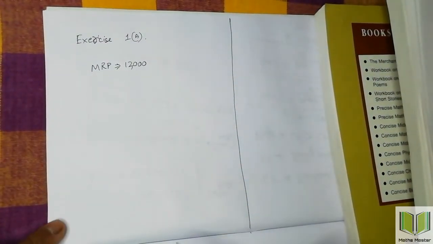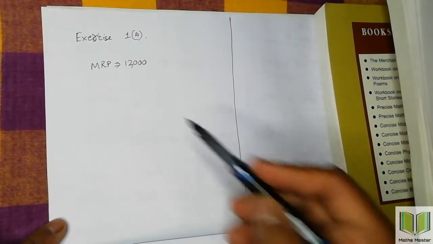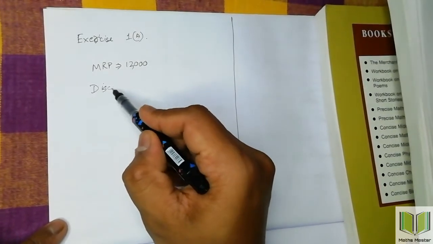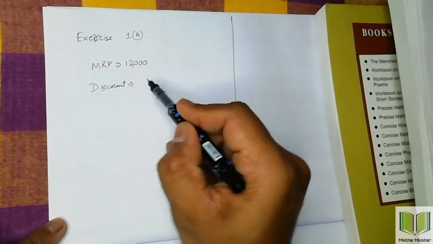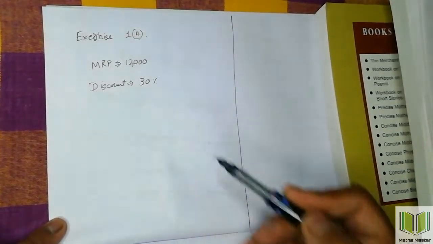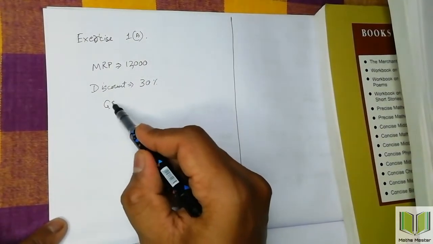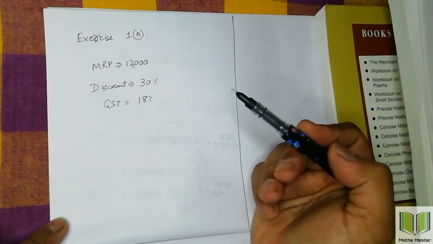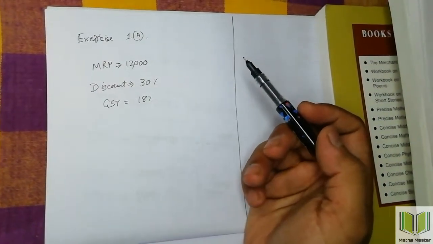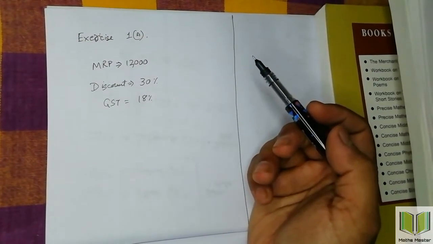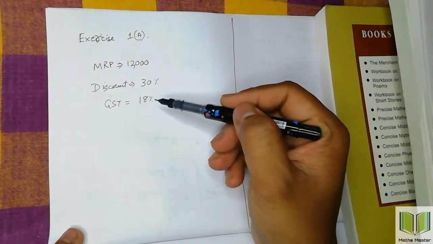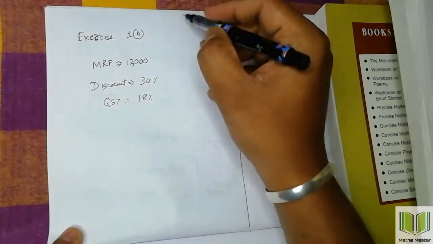Discount is equal to 30%. GST is equal to 18%. Okay, this is what we have now.